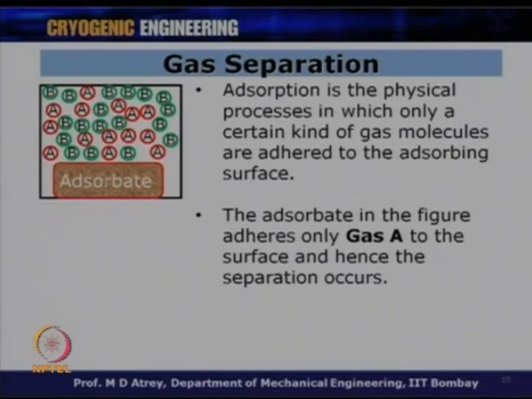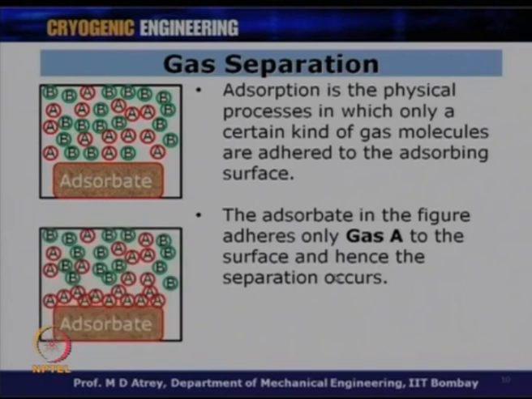In a way, therefore, a mixture of A and B will get separated. A will adhere to the adsorbent surface, while B will be freely lying over here, and in a way this is separation of gases A and B. So, the adsorbent in the figure adheres only gas A to the surface, hence the separation occurs.